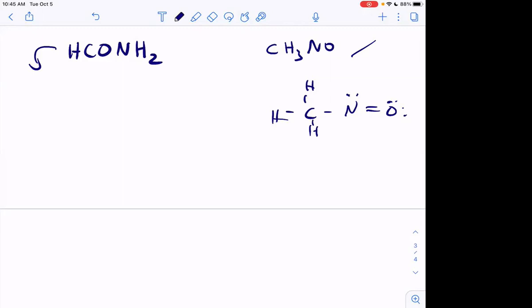I will tell you that if you're torn between a structure that's really spread out linearly and one that has more branching, the more branched ones are more stable and more likely to be the correct structure.